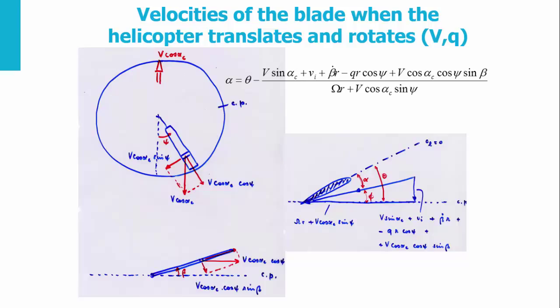Perpendicular to the blade we have, of course, the induced velocity, beta dot r, which is the flapping velocity, the v sine of alpha c, which is the component which is in this plane of the helicopter, which is coming into the plane of motion, the pitch rate, and the component v cosine of alpha c cosine psi, which is due to the flapping motion, having its own component v cosine of alpha c cosine psi sine beta.